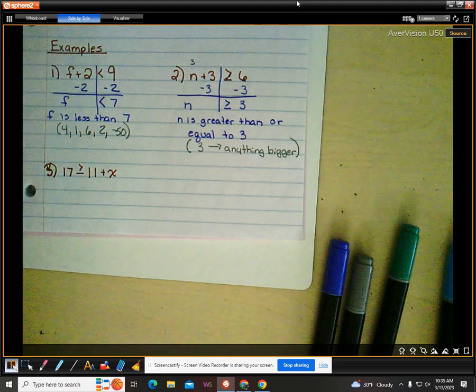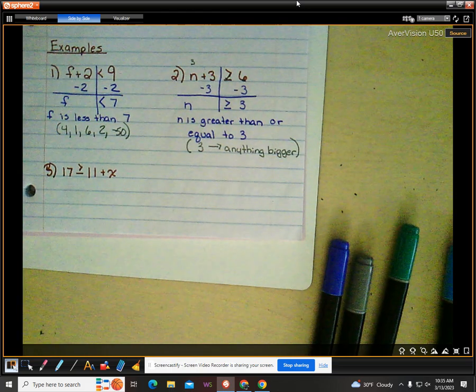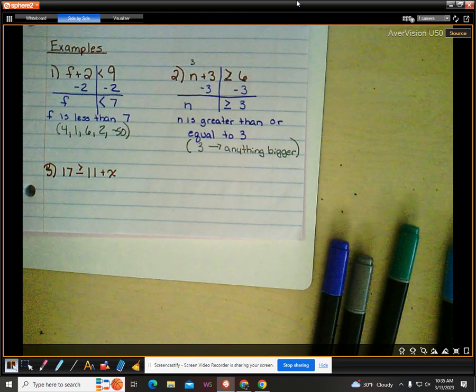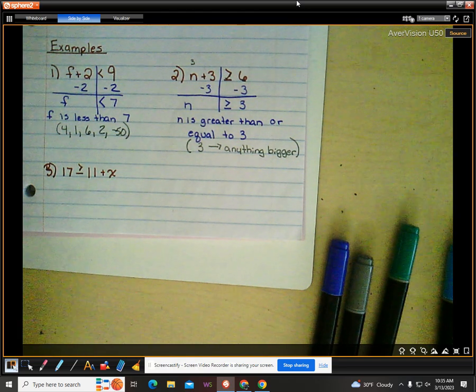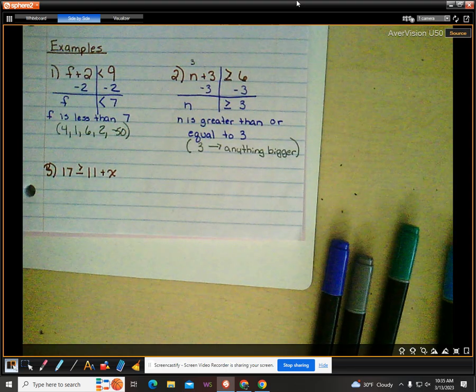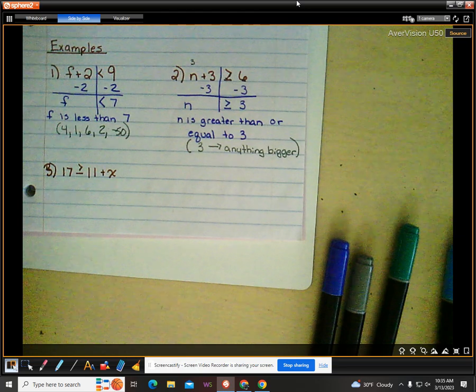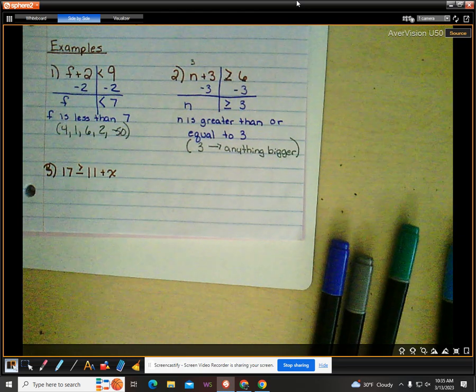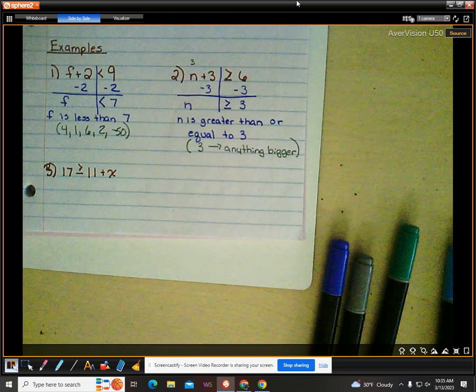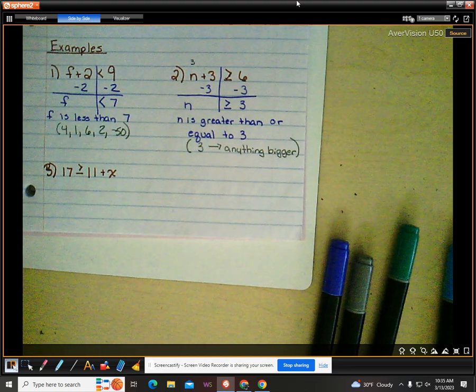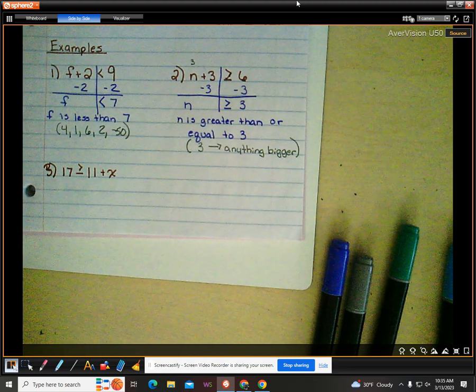What is the first thing you should recognize about how this is written compared to the other two? Aiden. That there is greater than or equal to sign. Okay, which we didn't. Well, we used that on number 2. What else should we notice is different about how this equation is written?